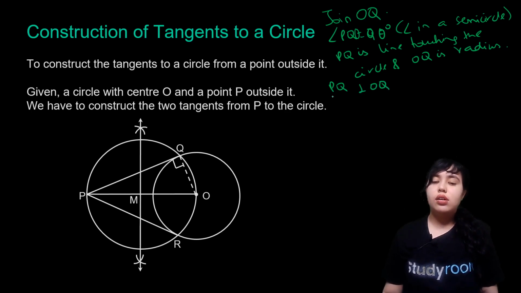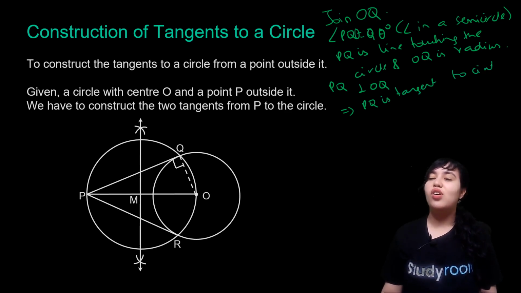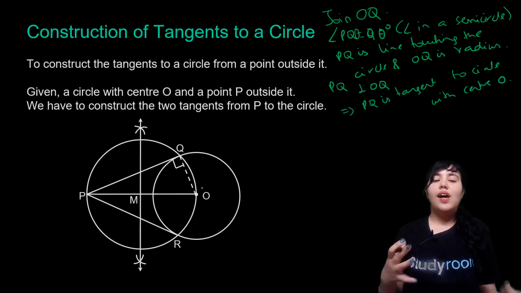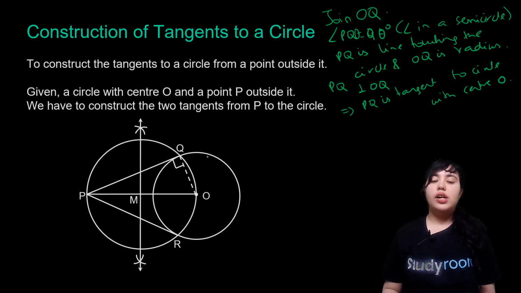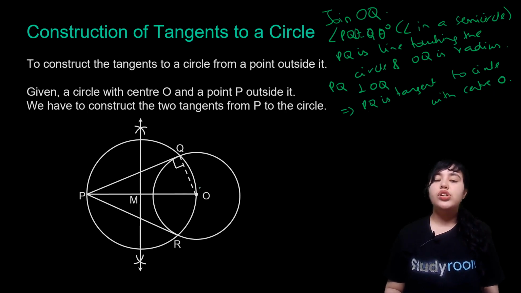So when they're perpendicular to one another, we can say by the converse of the earlier theorem that PQ is tangent to the circle with center O. Not with M, obviously, with center O. So this is how we prove it. Now, just a general piece of information: what if the center of the initial circle is not given to you? Then what you need to do is take any two non-parallel chords.